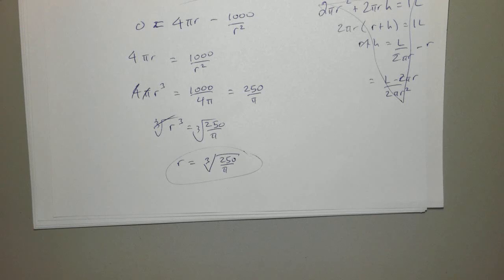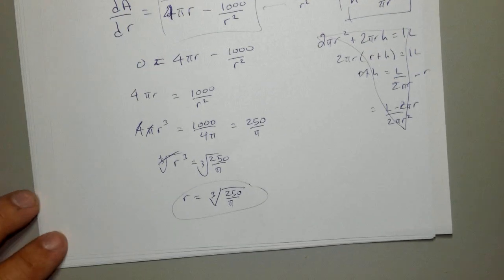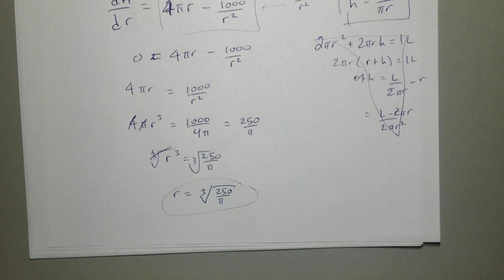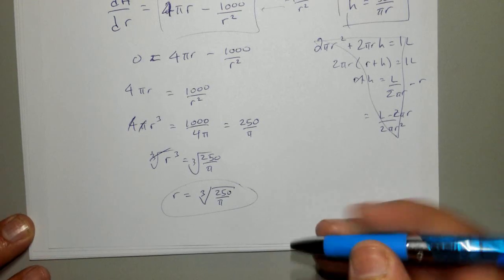What would happen if we took the second derivative of this? What would that tell us? Concavity. Concavity would tell us what about the function? If it's concave up, what does that mean?